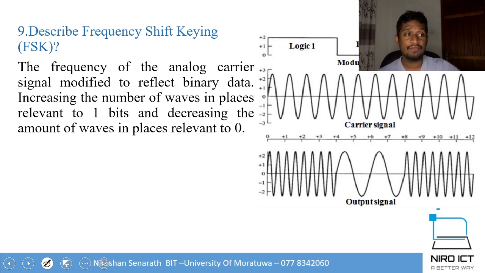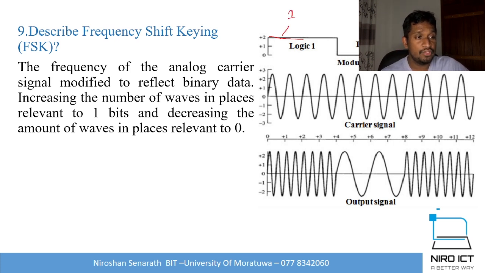And that is all. And another one is called frequency shift keying. Right? If you have some logic or a digital signal, the frequency of the analog carrier signal is modified to reflect binary data, and that is the way that we can do with the FSK. Increasing the number of waves in places relevant to 1. Here you can see the high voltage place.